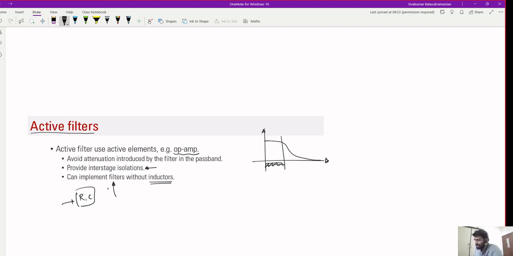If you were to build a filter with just passive components, then to get certain properties in terms of frequency selectivity, you will have to use inductors. But if you use an active filter circuit, you can avoid the use of inductors and build everything using just resistors and capacitors. That's another advantage of going for active filters instead of passive filters.